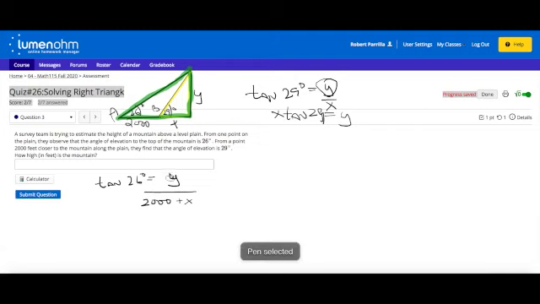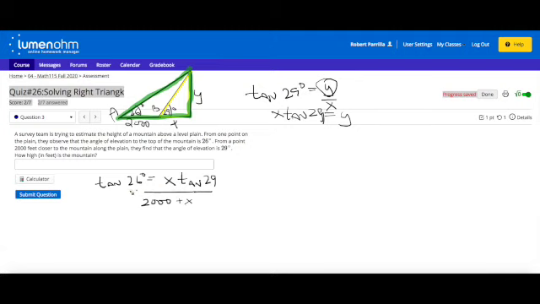I'm going to get rid of this because normally I would leave it there and write through, but I actually want to keep as much space free as I can. And that's going to give me, instead of y, x times the tangent of 29 over 2,000 plus x. So now we know what to do. We just have to get the x's isolated.